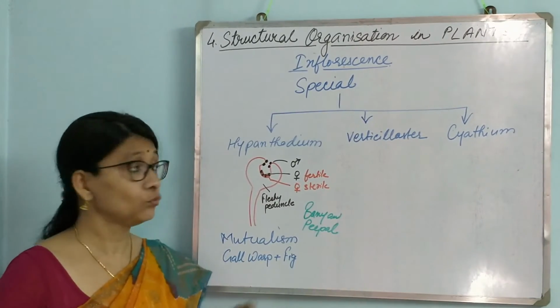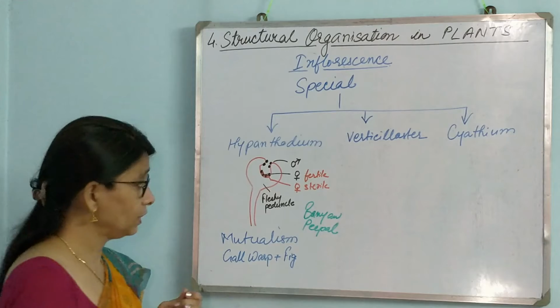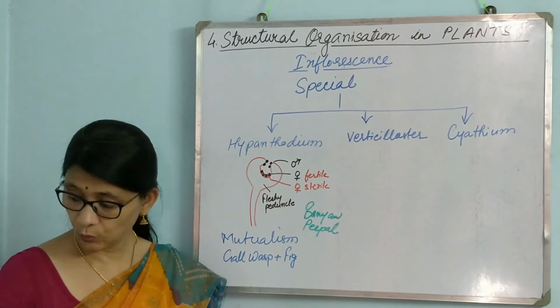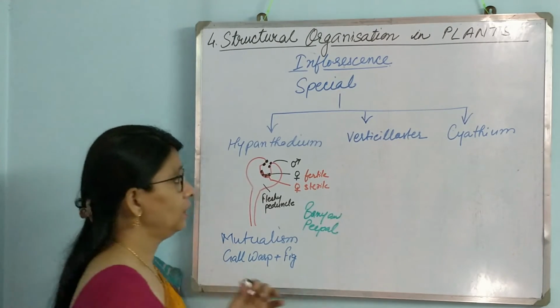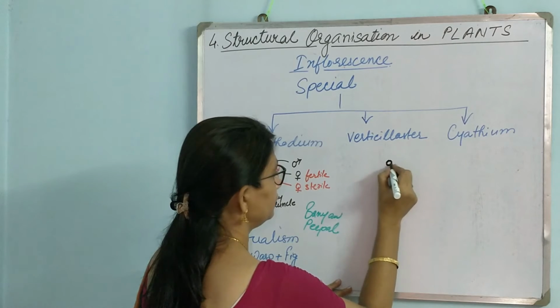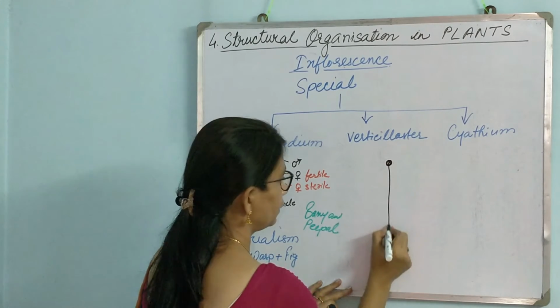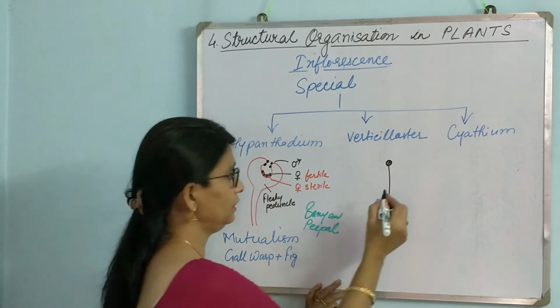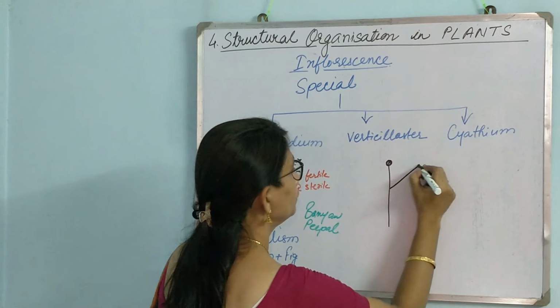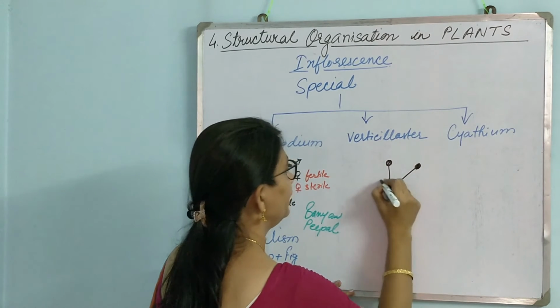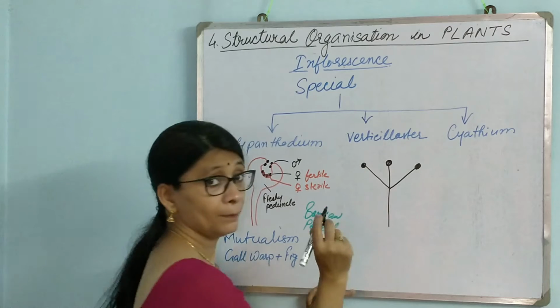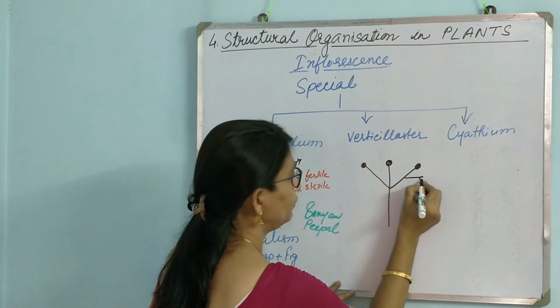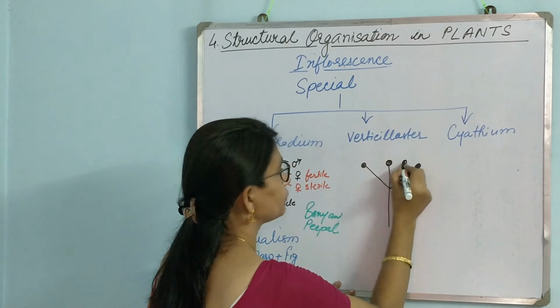Now let us discuss what is verticillaster. So verticillaster, what happens? Verticillaster, this is suppose a flower, the terminal point of this peduncle. First division, it will give another flower in biparous way. Biparous. Then again second division will also be biparous.